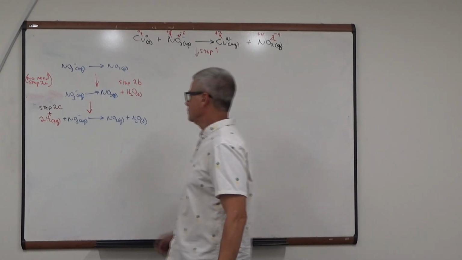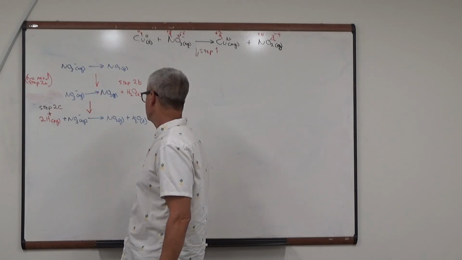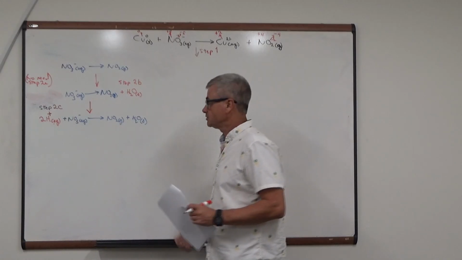On this side we have 2 pluses and 1 minus, so an overall of +1. Over on this side it's neutral, so we're going to need to add an electron to that side.